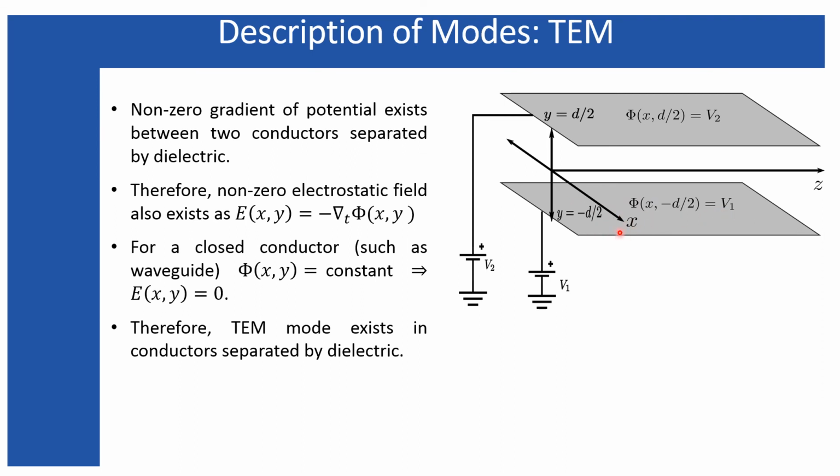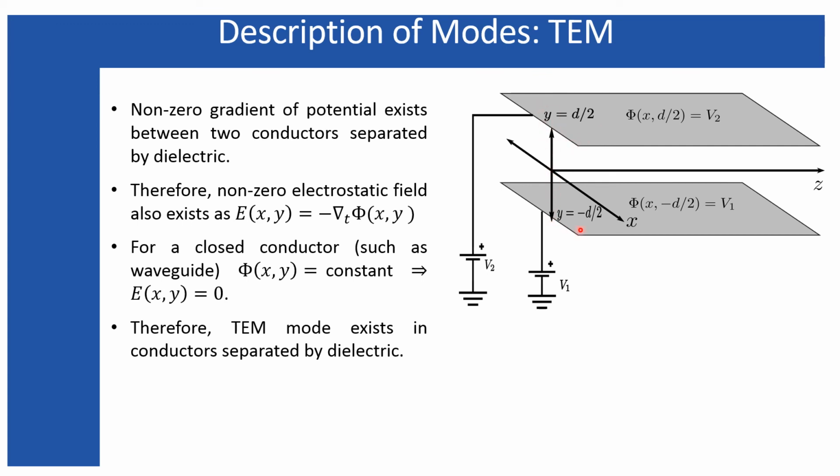The potential is invariant along the x direction and z direction, although I'm assuming the z direction is the propagating direction. So along the transverse x direction, the potential is invariant. Similarly, for the top plate, the potential is invariant along the x direction, but along the y direction it varies.